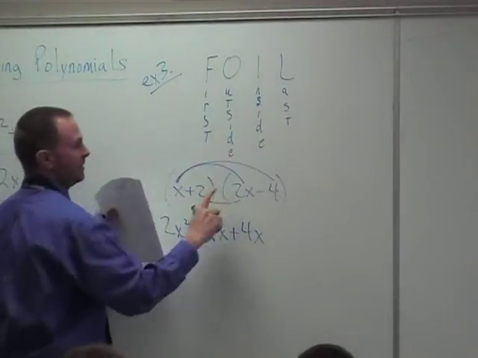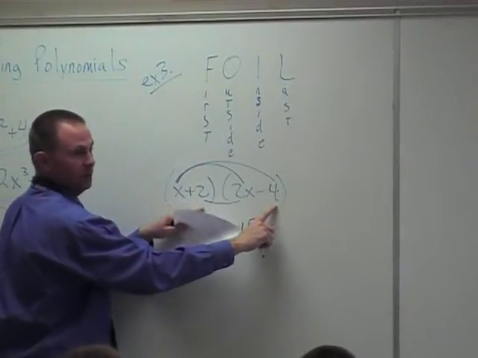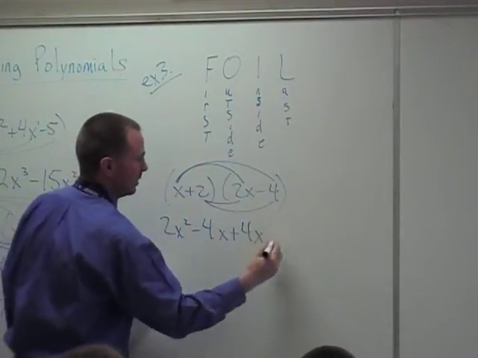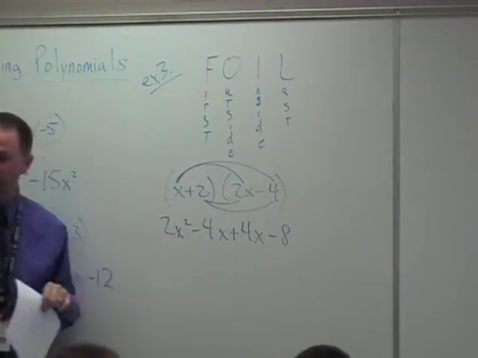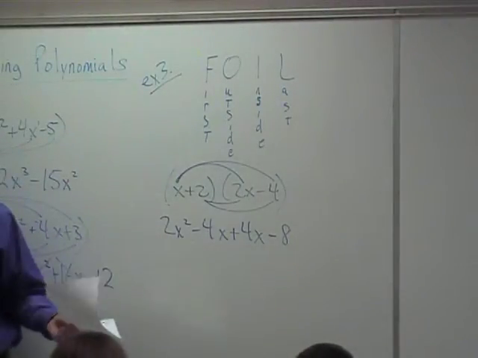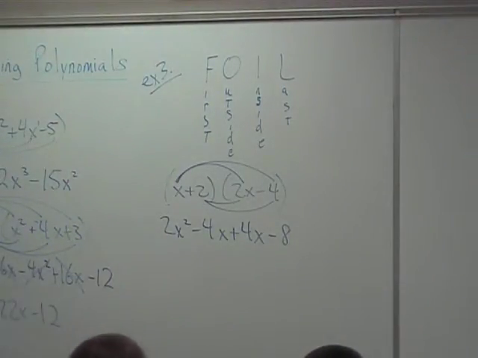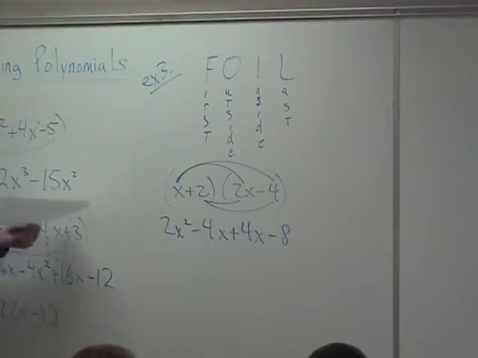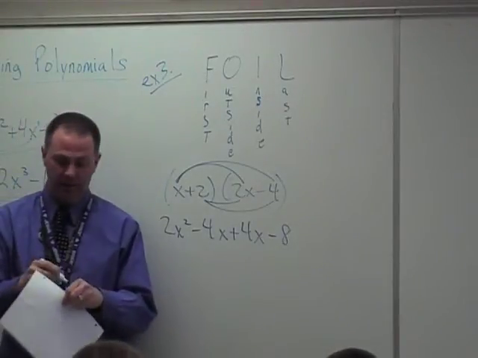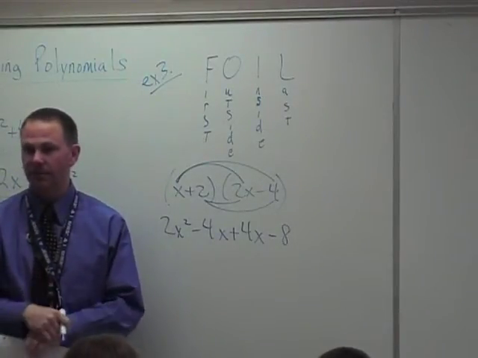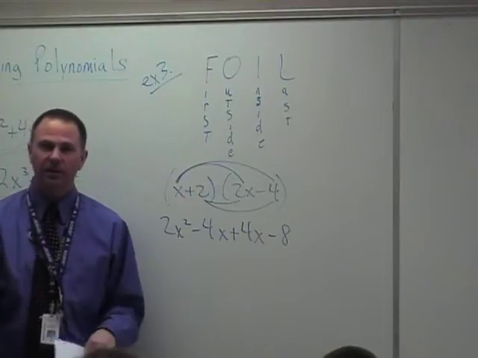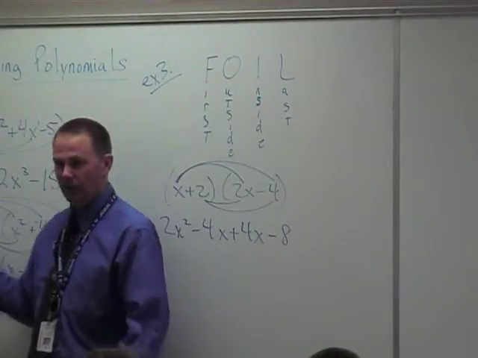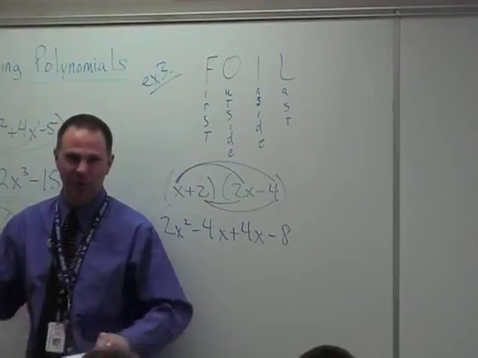And then you have the last two things. 2 times minus 4 is minus 8. Isn't that what you did? You already did FOIL based on just understanding how to multiply multiple terms together. But that's what FOIL means, because you might actually see that on the main test where it says use FOIL to do this. Well, if you do it this way, you're going to do FOIL no matter what.